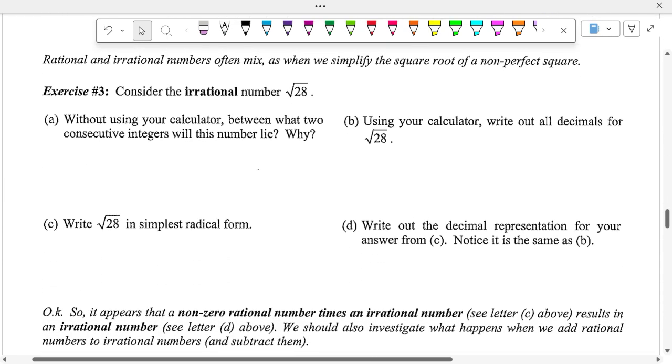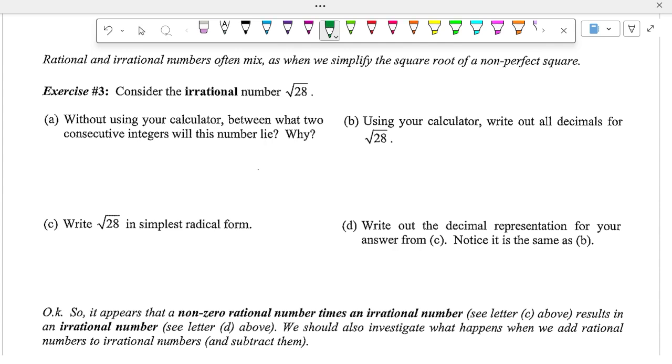Now, think about this one carefully. An irrational number is the square root of 28. So without using your calculator, what 2 consecutive integers do you think the square root of 28 will lie between? Think about this for a second. What perfect squares is 28 in between? What 2 perfect square numbers is 28 in between? 25 and 36.